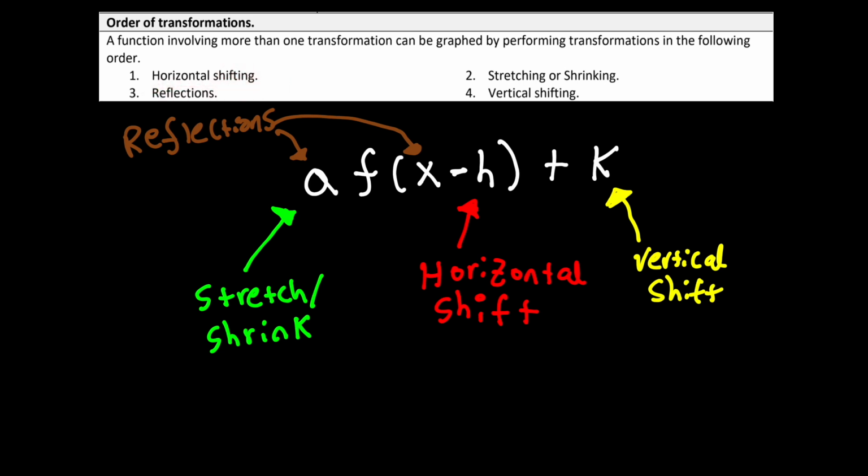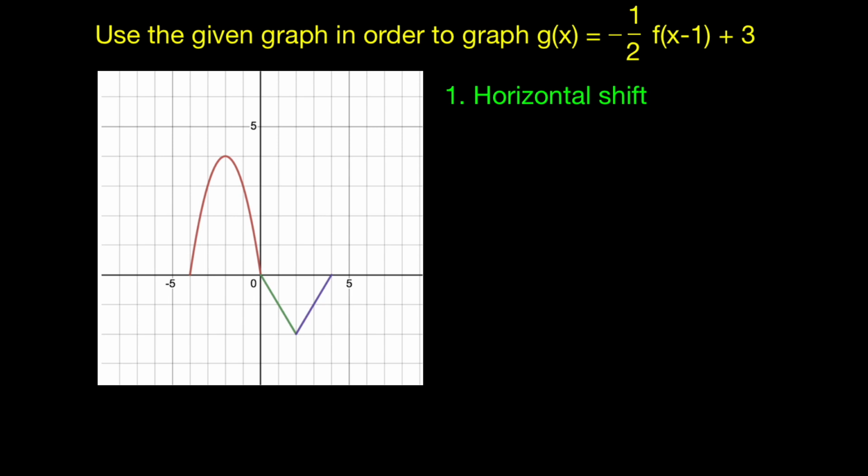So let's begin by getting the horizontal shift. My h value is 1, so that tells me that I have to move to the right 1 unit. I'm going to grab all of my key points. So here, that's these x-intercepts, this edge, the origin, and this maximum of my parabolic section.